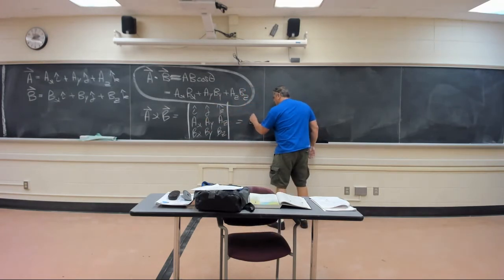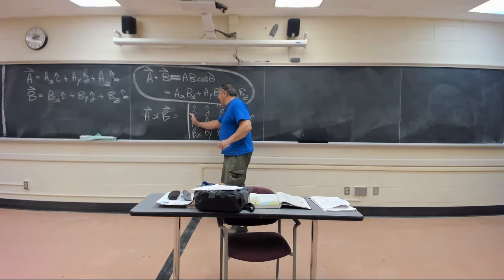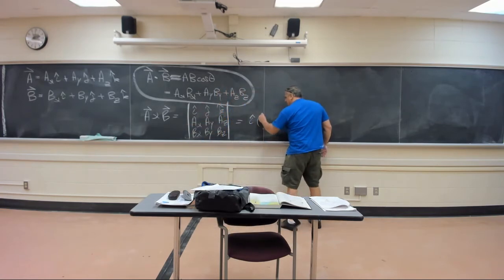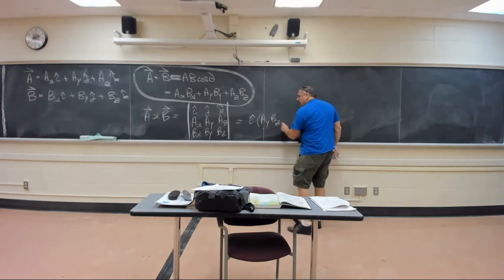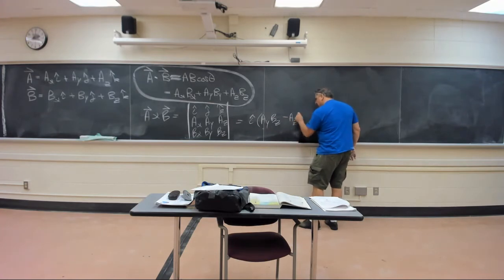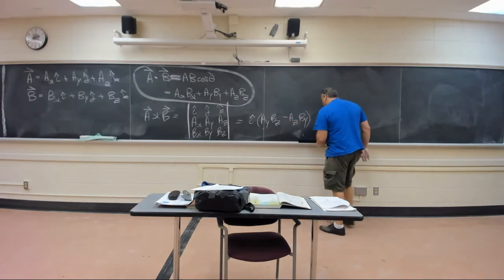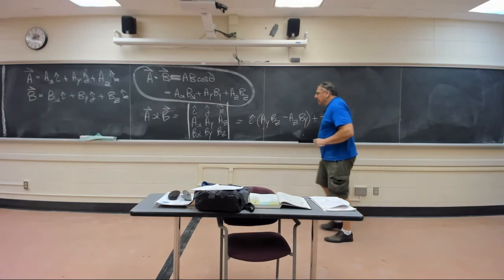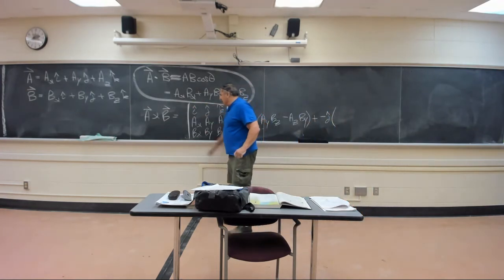Well, what we did last time was we actually just evaluated this. We said row 1, column 1: 1 and 1 is 2, it's going to be an even answer when you add them. That means AYBZ minus AZBY, plus a negative J hat. Why is it a negative J hat?